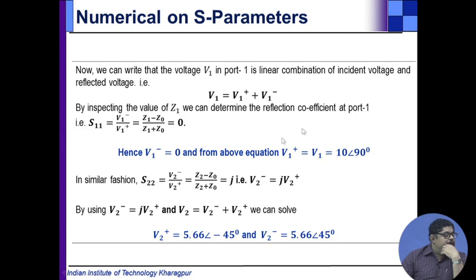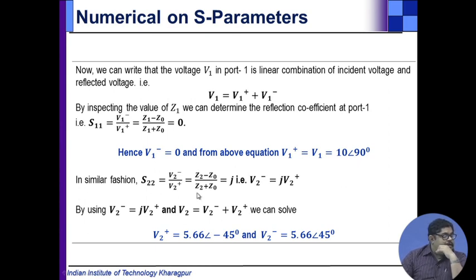So, the reflection coefficient at port 1 you can find by Z1 minus Z0 by Z1 plus Z0, where the characteristic impedance Z0 is given. Looking at the impedances, you can find S11 is 0. So V1 minus should definitely be 0, and V1 plus is equal to V1.